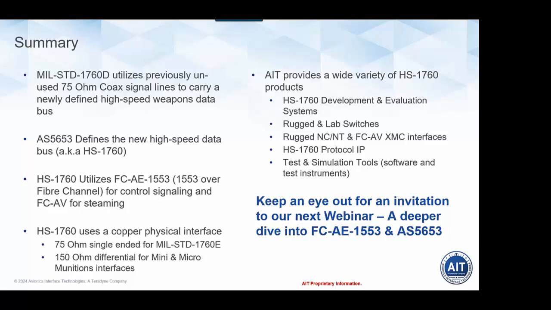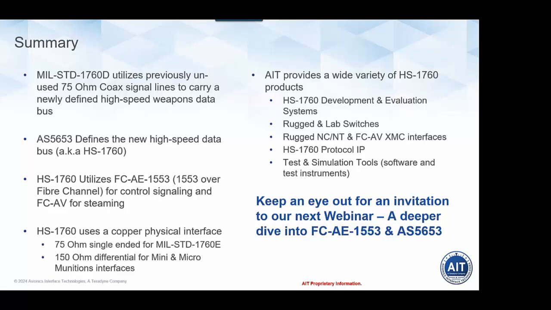AS5653 is what's commonly referred to as HS1760. HS1760 utilizes FCAE 1553, or 1553 over Fibre Channel, for control signaling, and it utilizes FCAV for streaming of video. It uses a copper physical interface, 75 ohm single-ended.